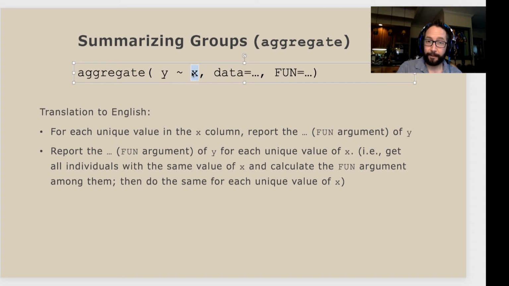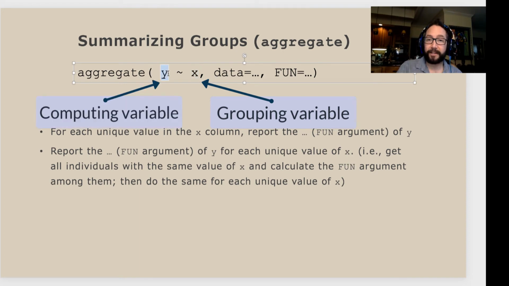The x variable is going to be your grouping variable. So if you want to do something for each method of payment, your x variable would be the name of the grouping variable. On the left-hand side of the twiddle is going to be another column name, and that column is going to contain the values that we're going to use in our calculation that we're using to summarize.